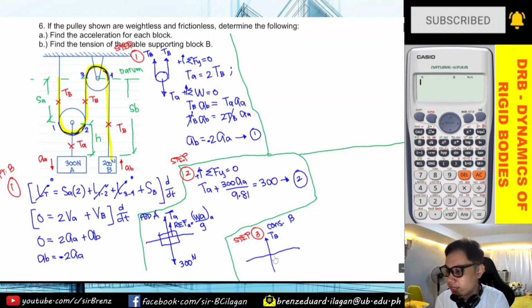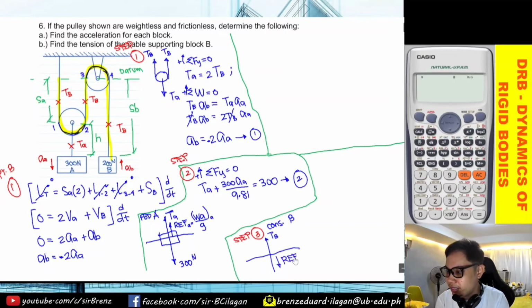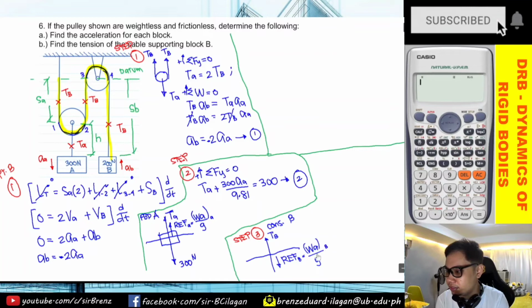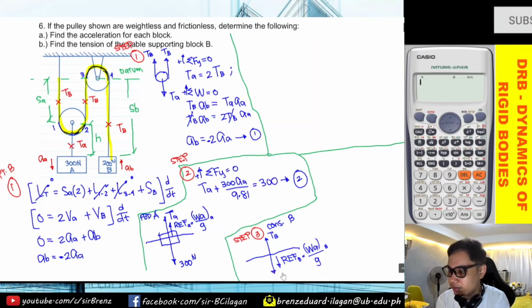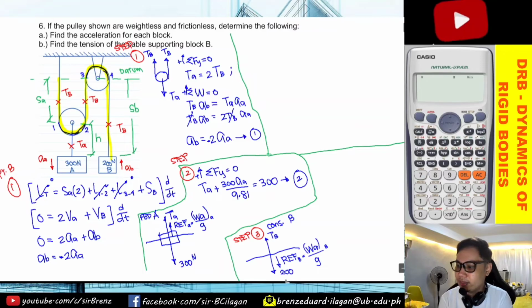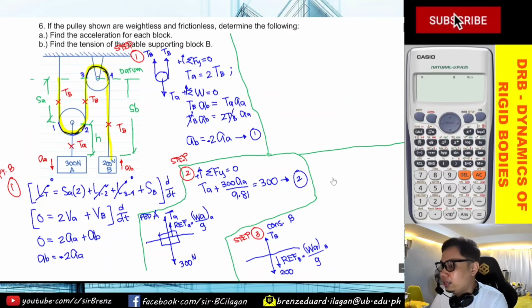Therefore, the reverse effective force is going downward. So, REF of block B equals lang siya sa W sub B per g. Naka-sub yun, ha, hindi yun i-multiply. And then, aside from that, you have the weight of block B, which is 200 Newton, going downward.